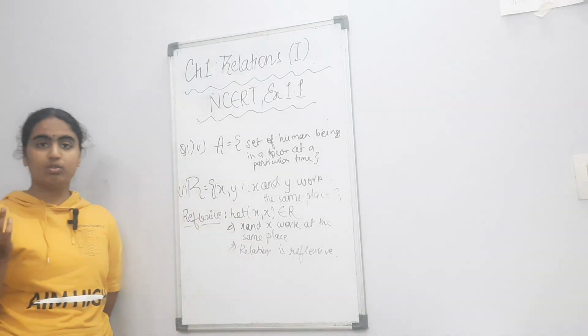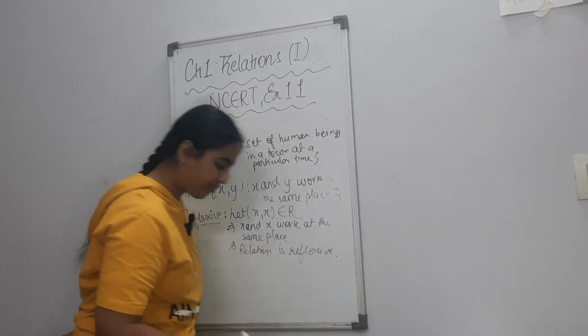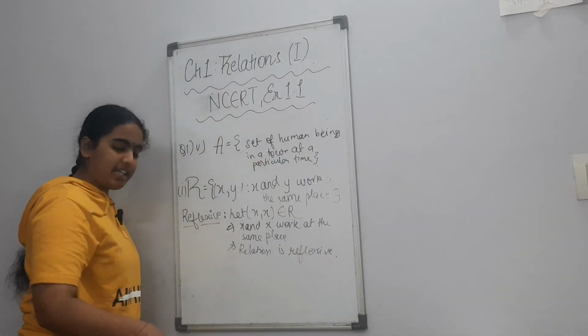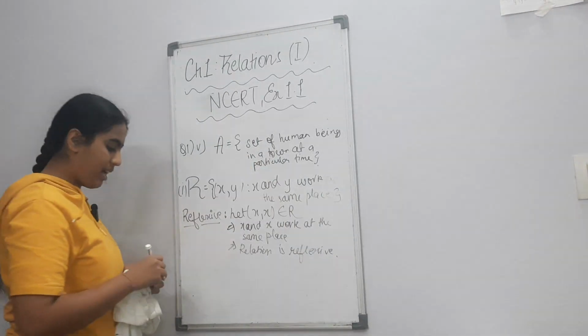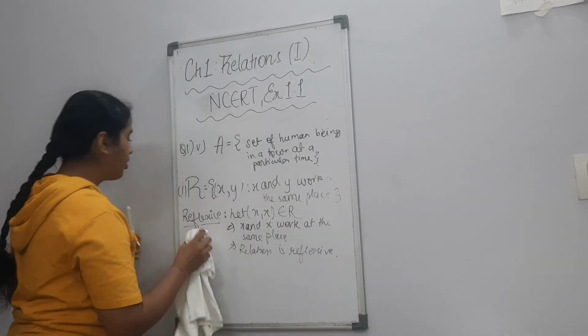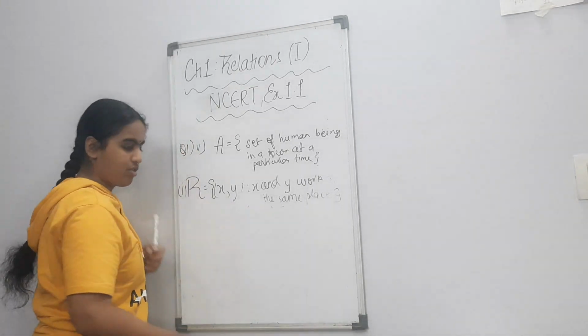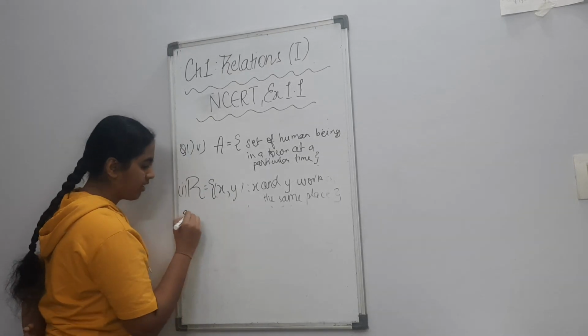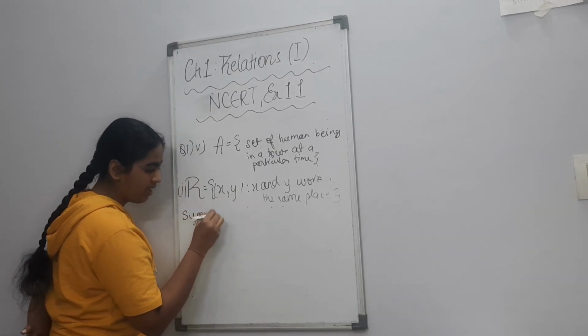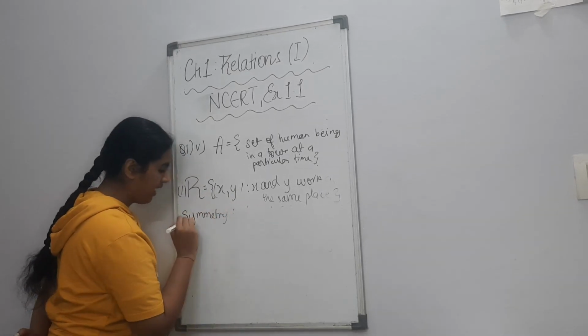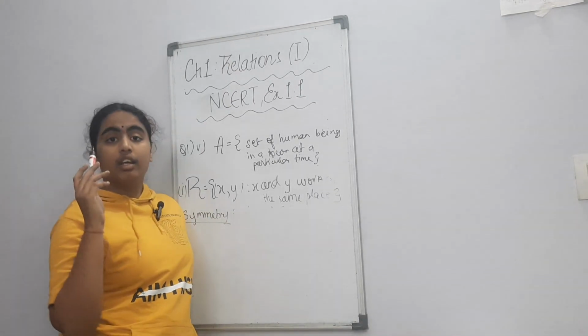Moving on to the symmetry of our question. If we have to test the symmetry, what do we do? We take an ordered pair with two different elements and we prove the symmetry of those two elements. So, stating the condition, symmetry, highlight it however you want.